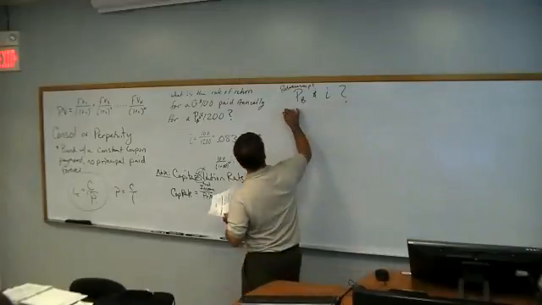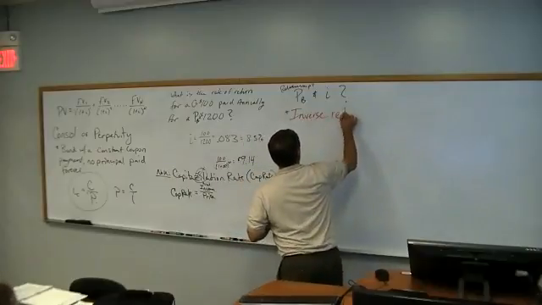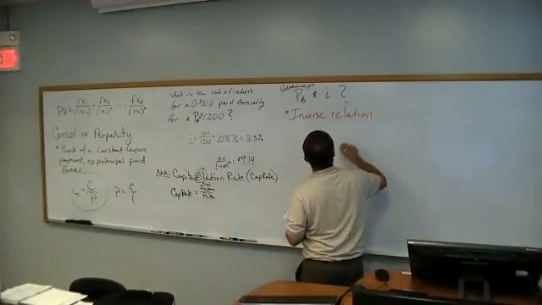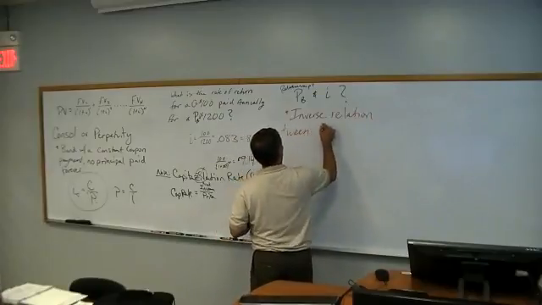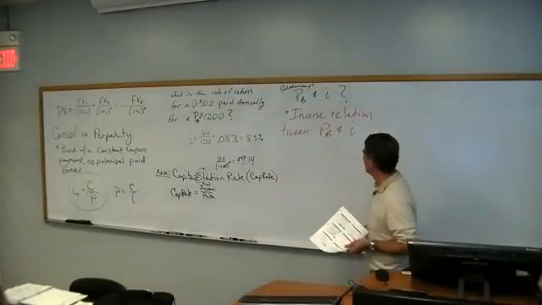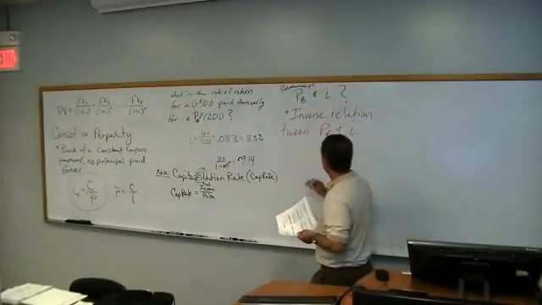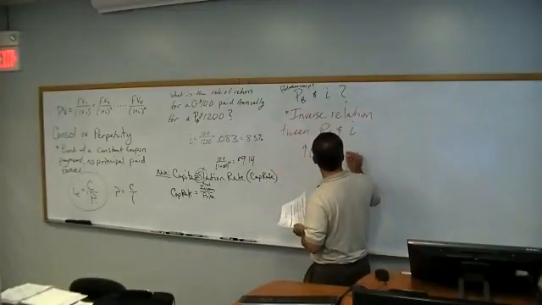So one of the most important things here is the inverse relation between the price of the bond and interest rate. They move in opposite directions. An increase in interest rates leads to a decrease in the price of bonds.